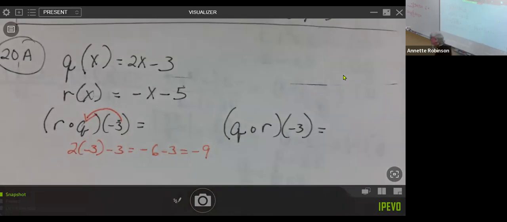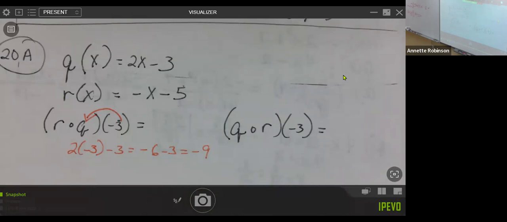All right, so you just plugged in the negative 3, it did its job, it spit out negative 9. Bye-bye, negative 3. Hello, negative 9.